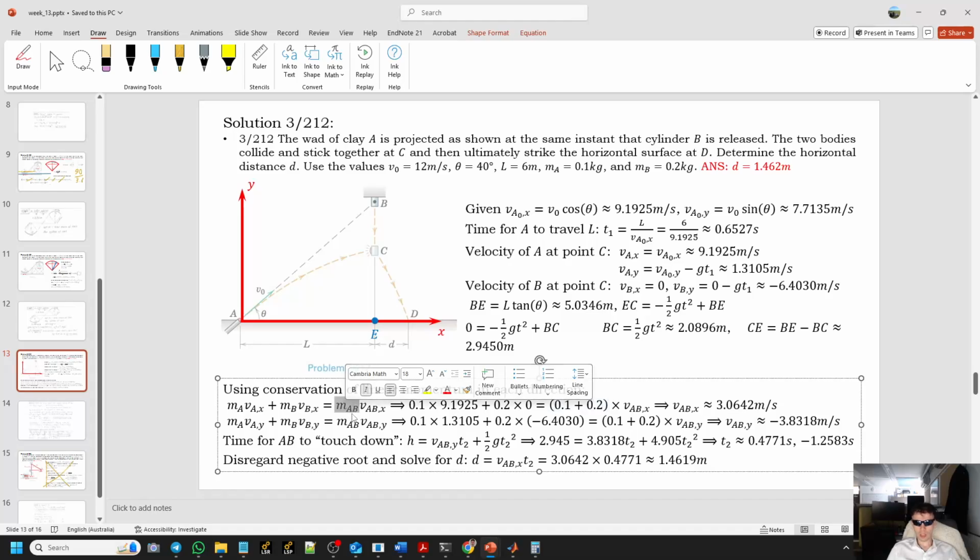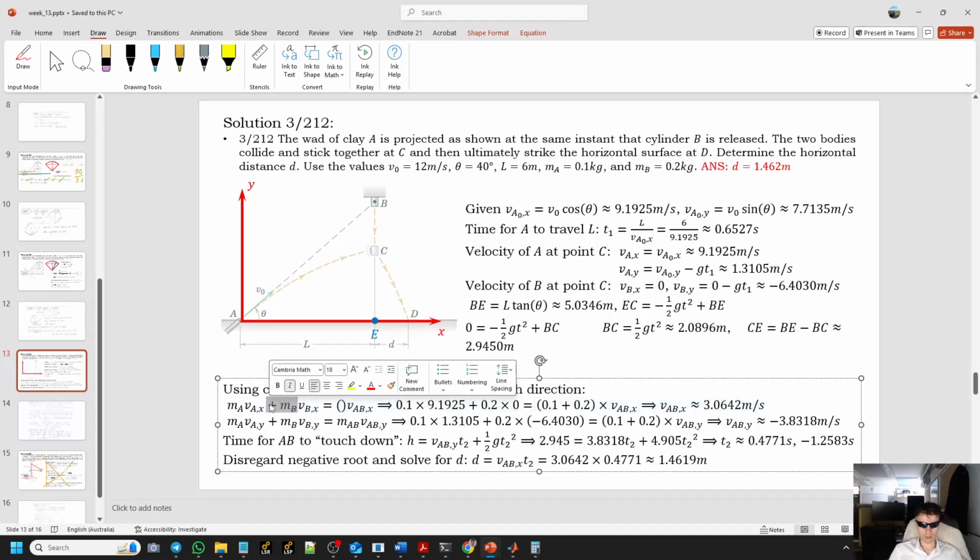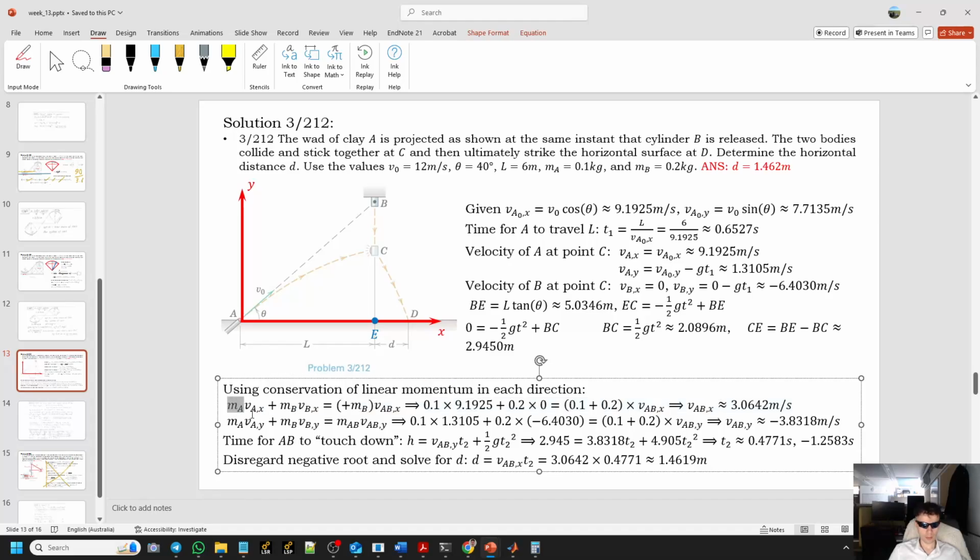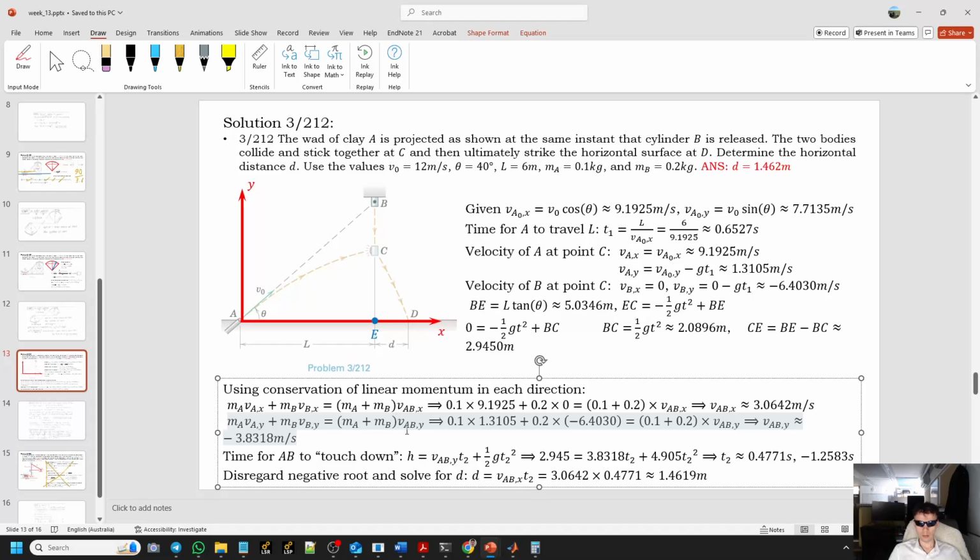Here some people put it MAB because it is one object, but if you don't like it, you can just use this formula. Okay.